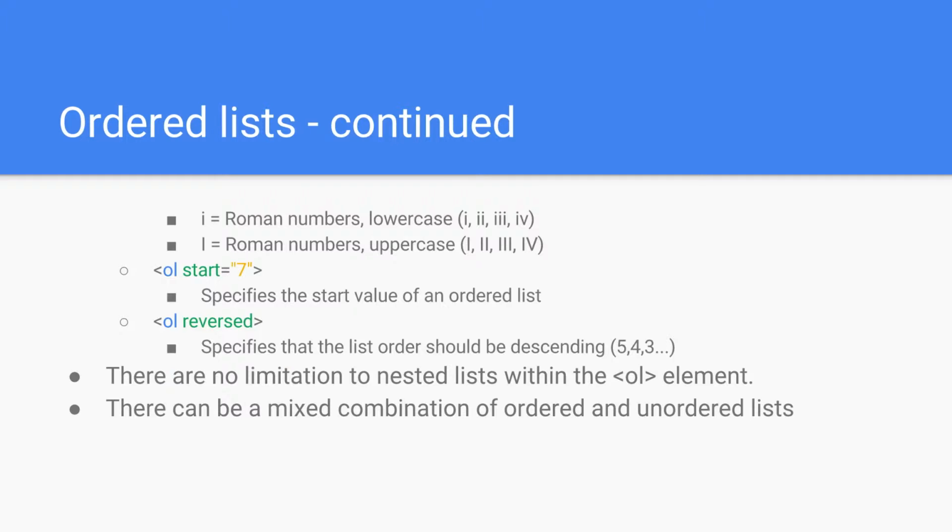Uppercase I is Roman numbers uppercase. The start attribute specifies the start value of an ordered list, and the reversed attribute specifies that the list order should be descending.